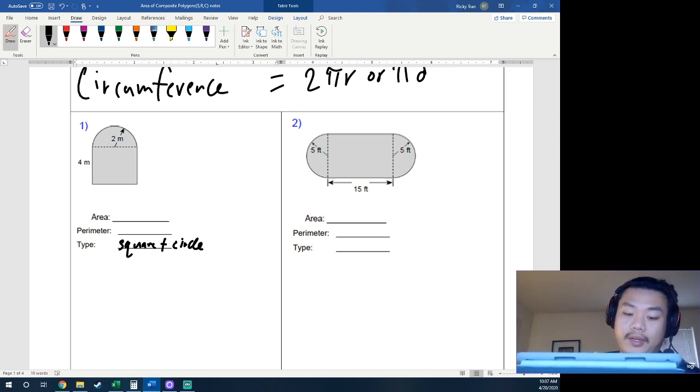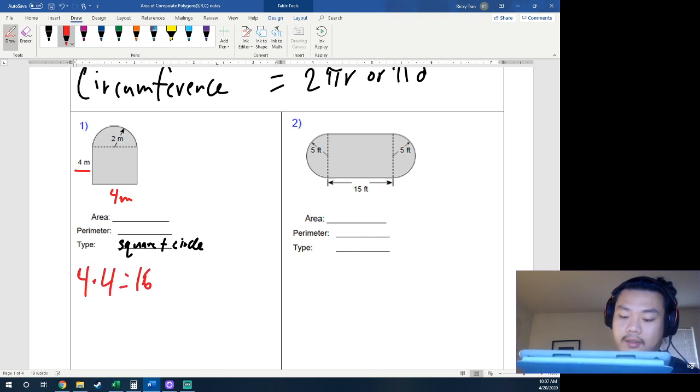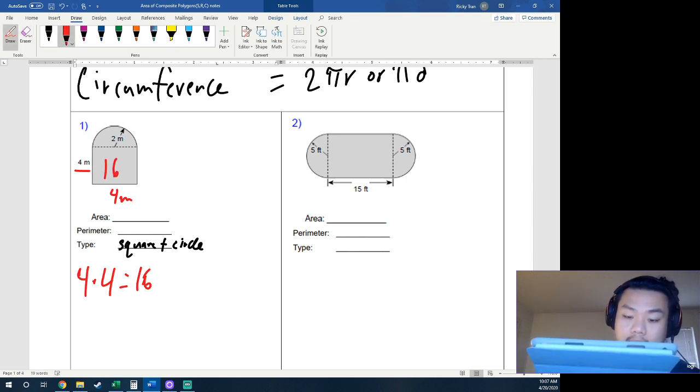So we're going to start with the area of the square. Since this radius is 2, that means this is also 4. Remember, radius is half the diameter. So we have 4 times 4, which is equal to 16, the area here. And then on the inside, we're going to use pi r squared divided by 2.